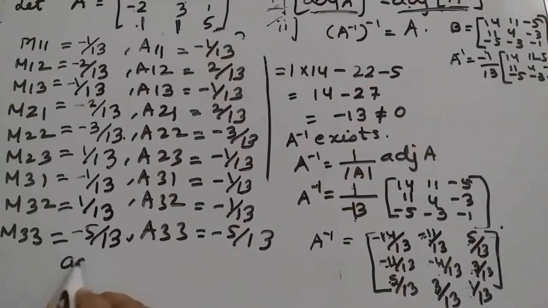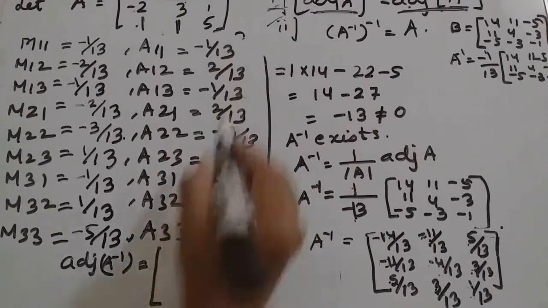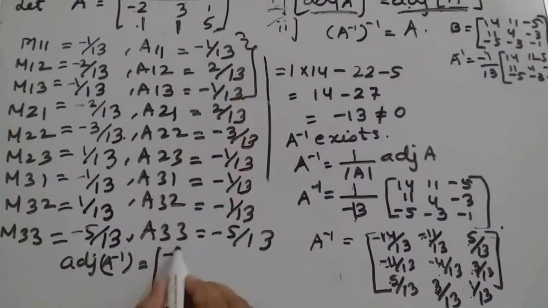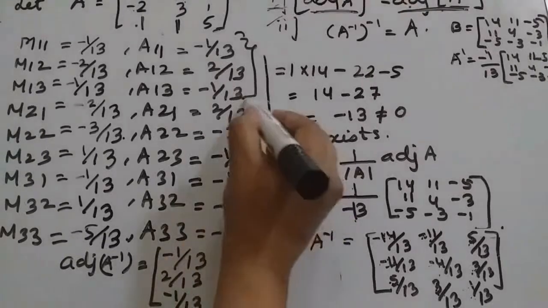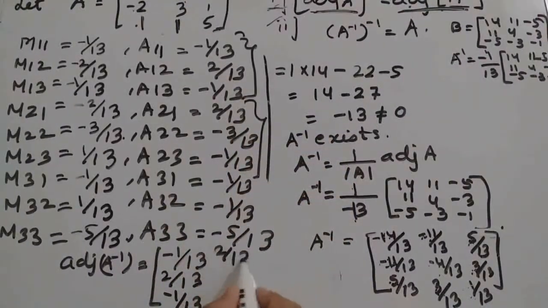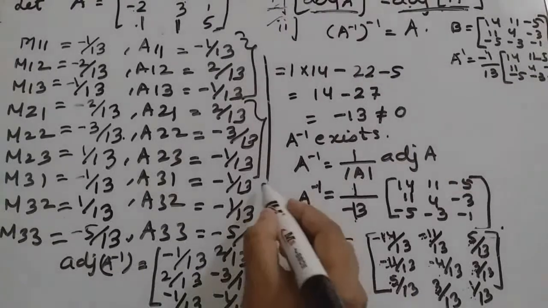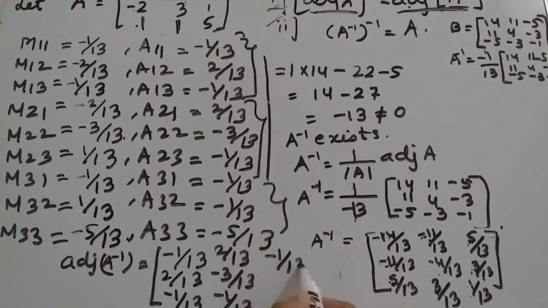So adjoint of A inverse will be first 3 entries, first column, next 3 entries, next column, then last 3 entries, last column.